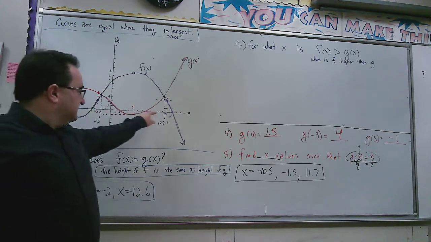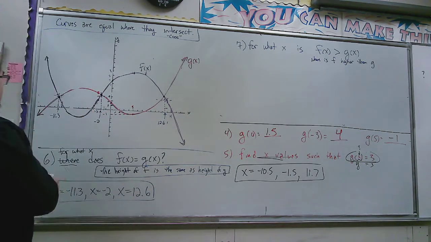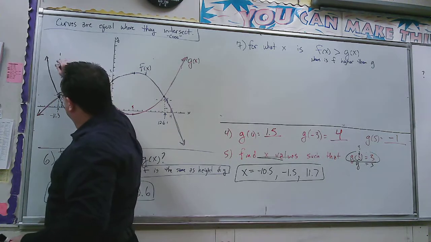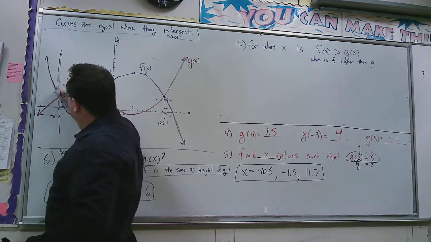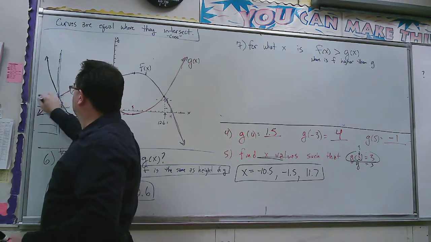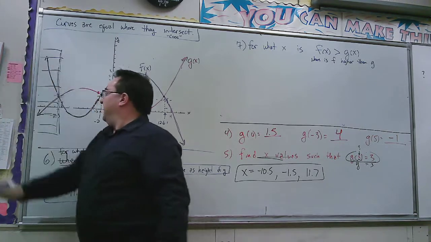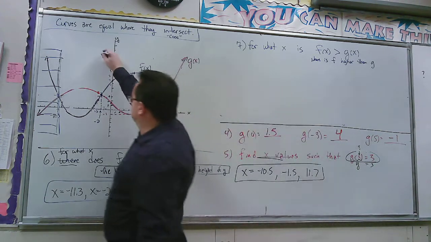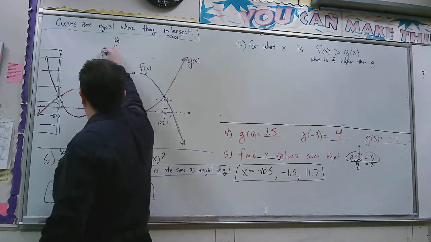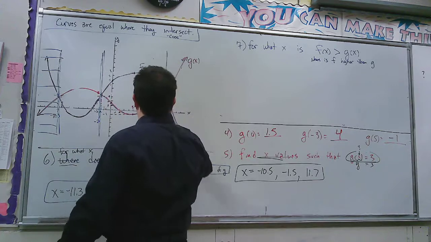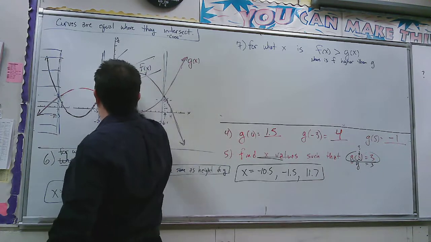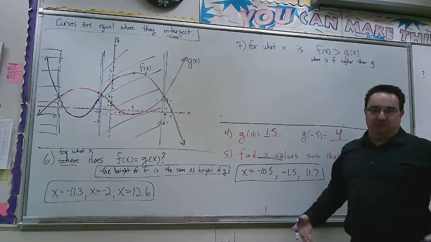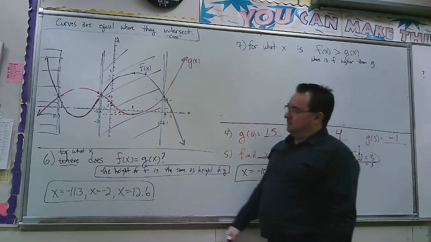You see this x-axis? Where is the purple above the red? Back in that chunk of the graph, the purple is above the red. In that chunk of the graph, the purple is above the red.